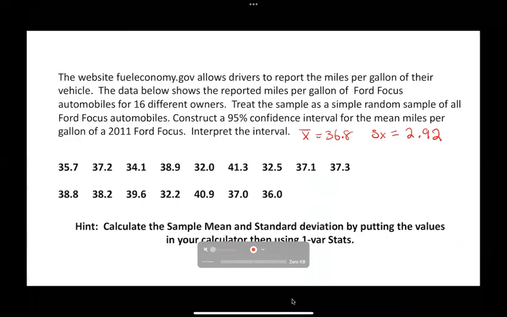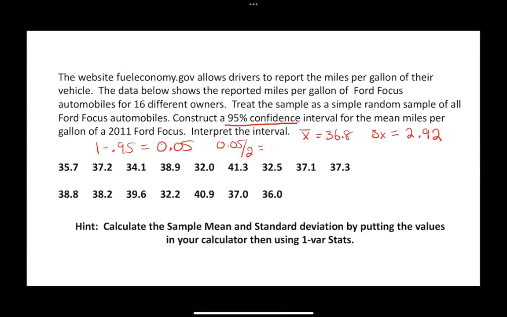I always like to calculate my margin of error first. So we need our T value. I'm looking at a 95% confidence interval. So I'm going to do 1 minus 0.95, which is 0.05, and half of that, 0.025.